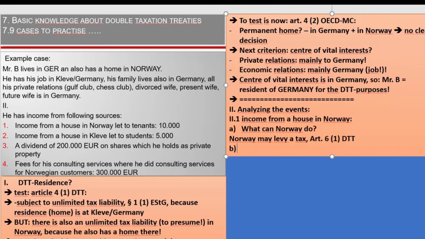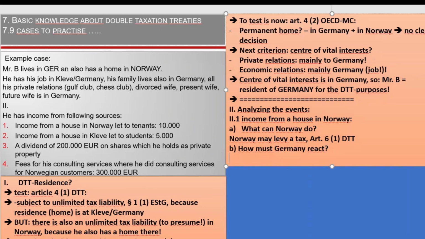And now second question is, how must Germany react? And we remember this was a question for the Article 23 and Article 23A. Now we only have to find out if it's one, the exemption method, or if it's that one of the rare cases where also exemption states have to apply the credit method.